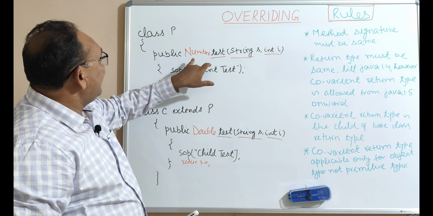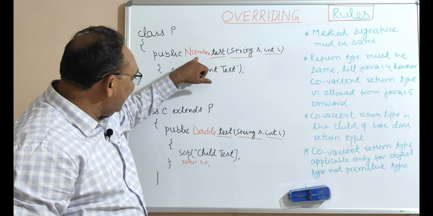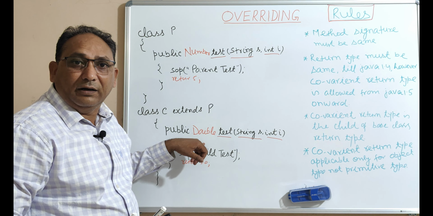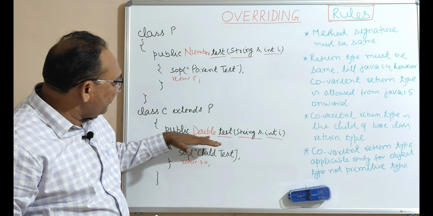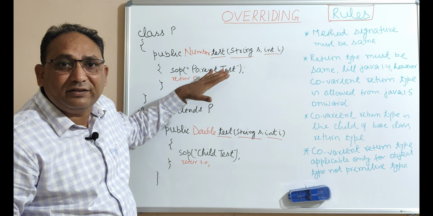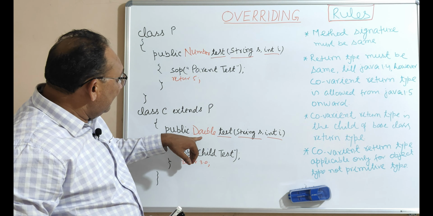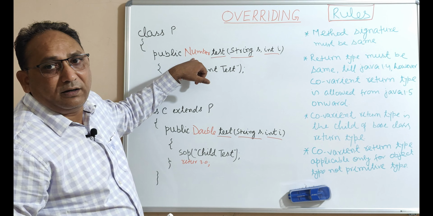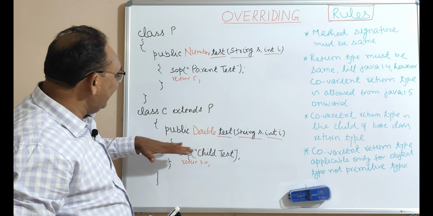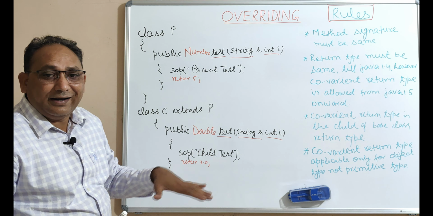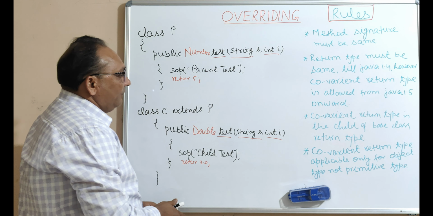Now the return type in the parent is number and the return type in the child is double, but from Java 1.5 onwards this is valid because double is a child of number, correct. So this is how covariant return type works, right.